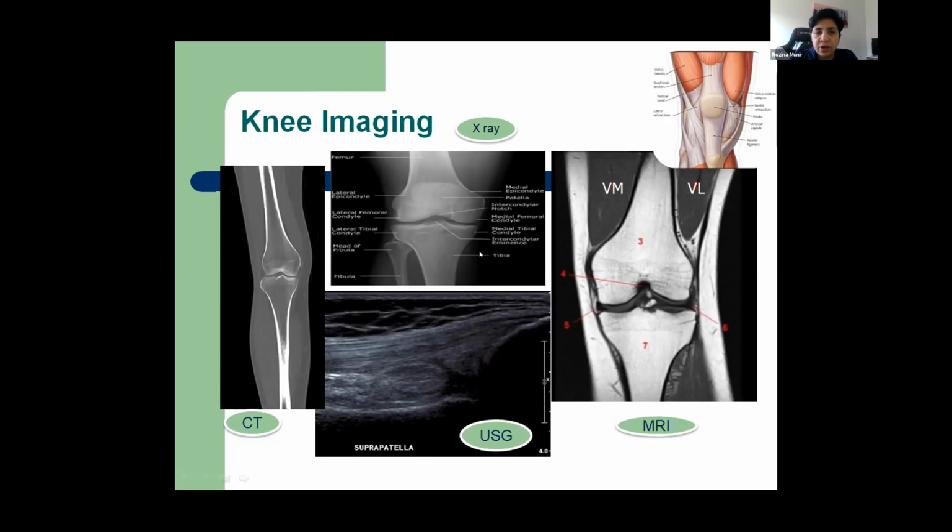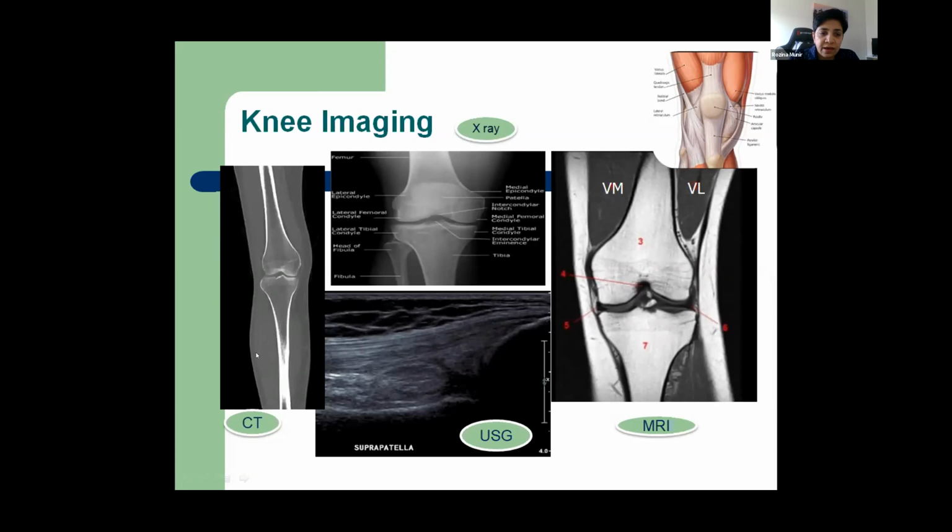You can see how nicely you can see your knee joint, the space between the two bones. Beside this, you can see the patellar bone. You can see the mineralization of the bone. This is the information which an X-ray gives you. Besides this, you can find any fractures. This can also be very nicely evaluated on the X-ray.